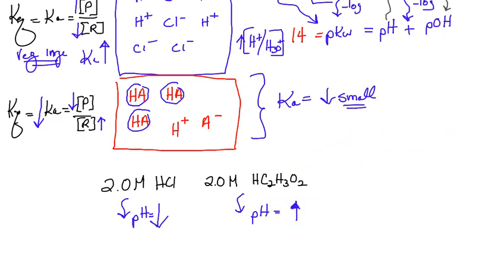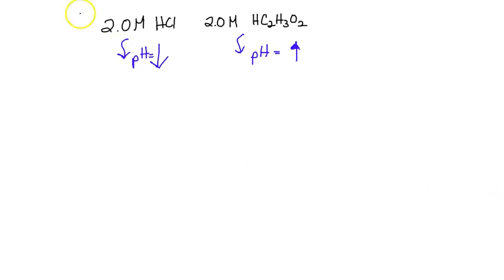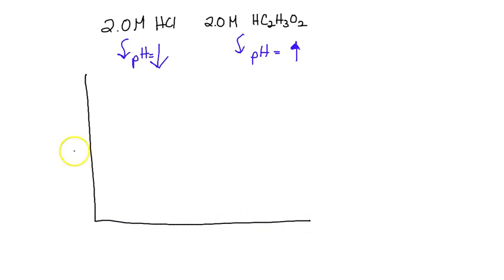Okay? Now we see this in titration curves, okay? If you look at a titration curve where you're going to plot pH changes in volume of base added, and let's pretend we're going to add a strong base.